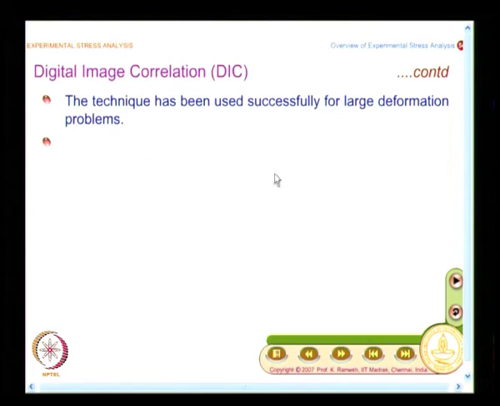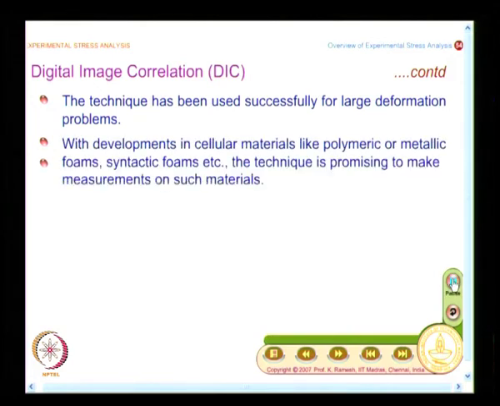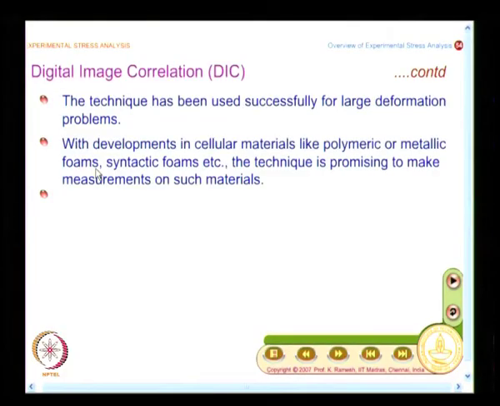And these days we do encounter large deformation being allowed in our designs, so you need techniques which handle this, and you also have several new materials, cellular materials like polymeric or metallic foams. In automobile manufacture, they want to put metallic foam in the structure so that it absorbs energy when you have a collision. In earlier days when steam engines were developed, 15 kilometers per hour was considered terrific.